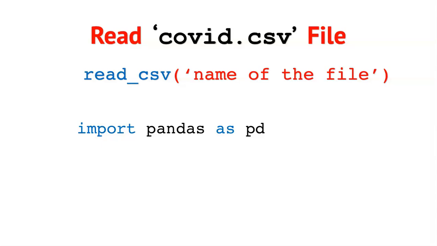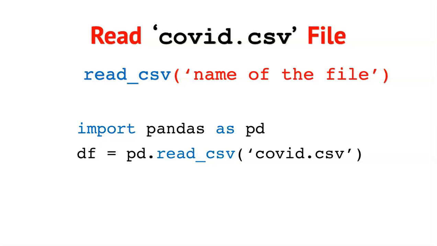So using pd, we have to call the read_csv function, that is pd.read_csv, and inside the parentheses in quotes we have to write the name of that file, covid.csv, and then assign it to a variable df. Therefore, when we print this df variable, it will display the data of the covid.csv file.